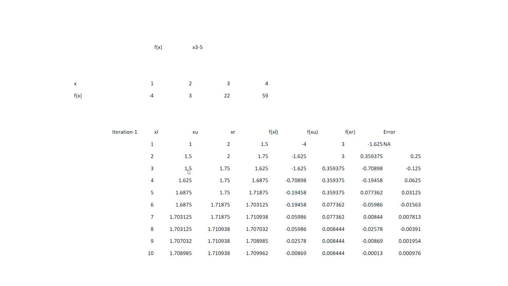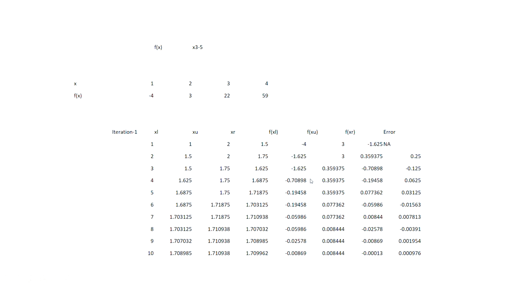Similarly, if we take the bisection again, it comes out as 1.625, and evaluating the function we see that the sign at the midpoint, xr, is similar to xl. So the x mid will replace xl for the fourth iteration, and xu remains intact.